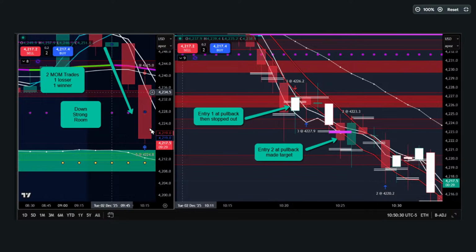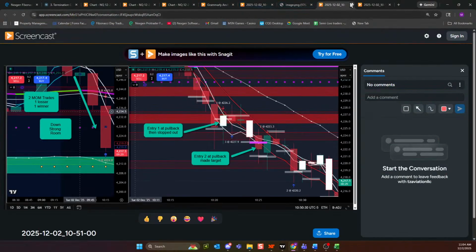Right on. Down strong leads the way. Doesn't work, continues down. Same entry, HVA, not momentum. Does work, continues down. And it's all predicated on the strong side of those triggers. Nicely done.